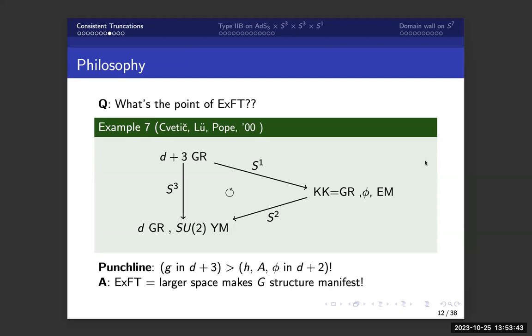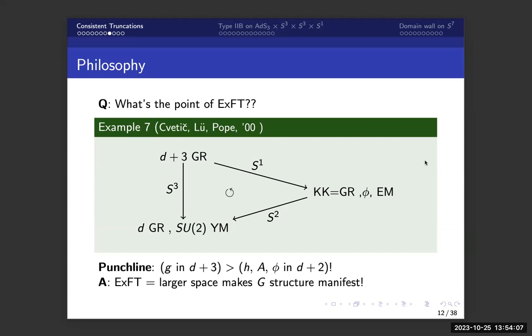No. I think the point should be that, suppose you're here, and you want to understand how to go here. If you go directly from the S2, it's kind of a miracle, because it's not a very systematic thing. You see that it works, but you have to work very hard, and there's no principle behind it.